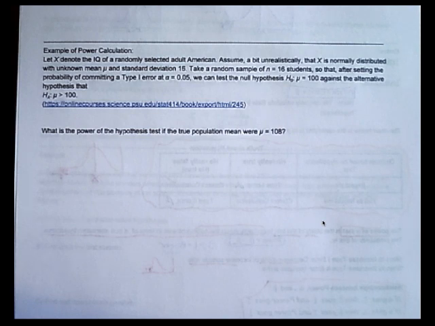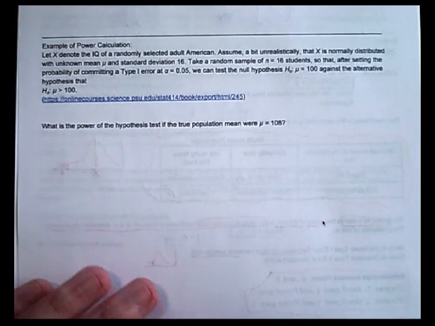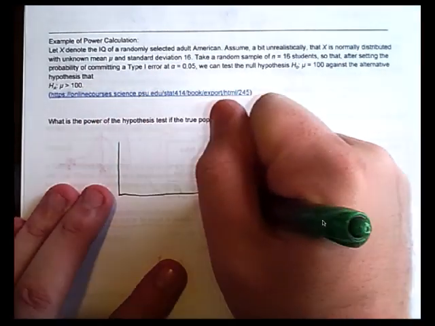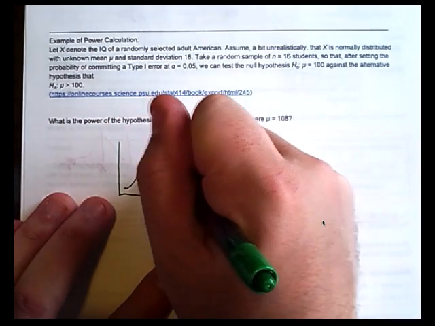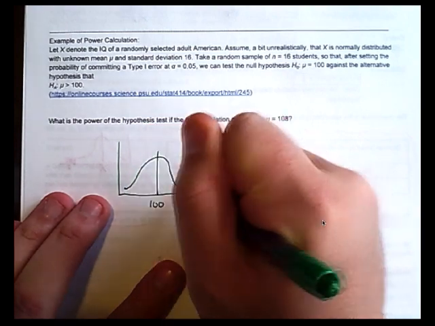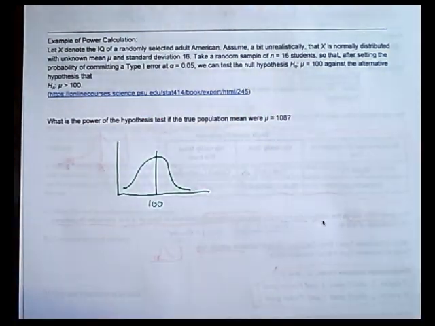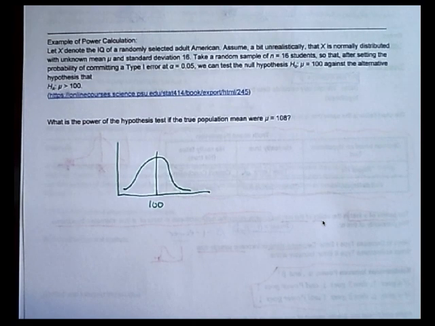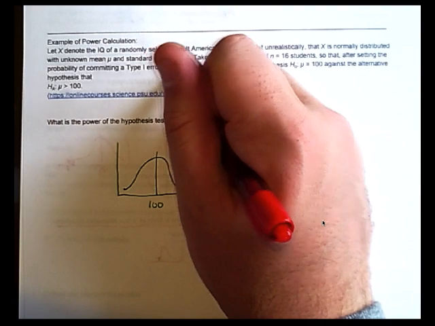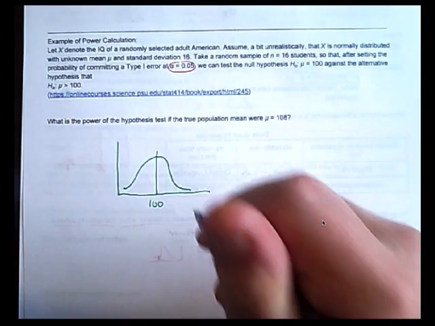So here's what this means. So I have some normal curve sitting at 100. And we'll get more into this a little bit later. But the important thing to know is that we have an alpha level of 0.05.